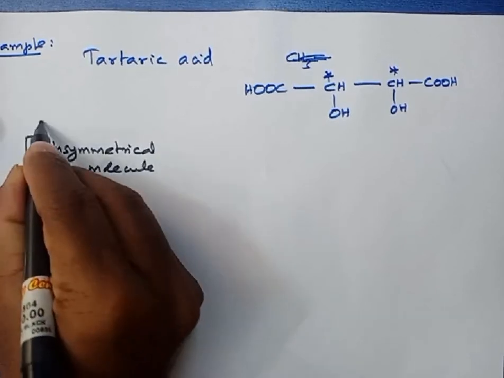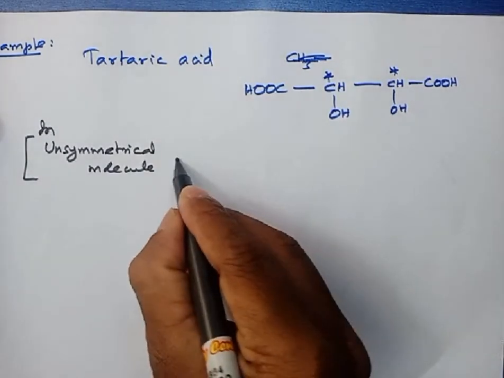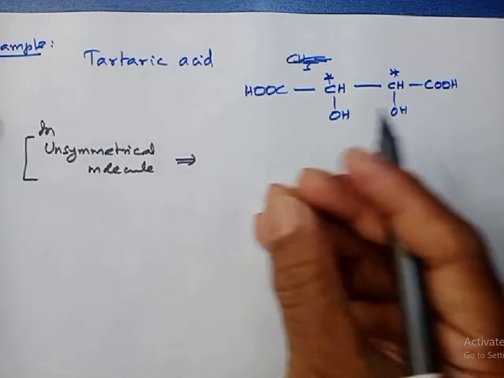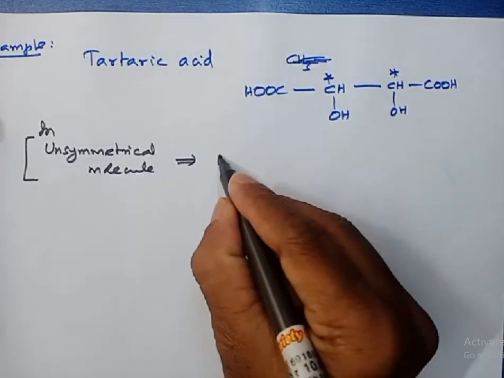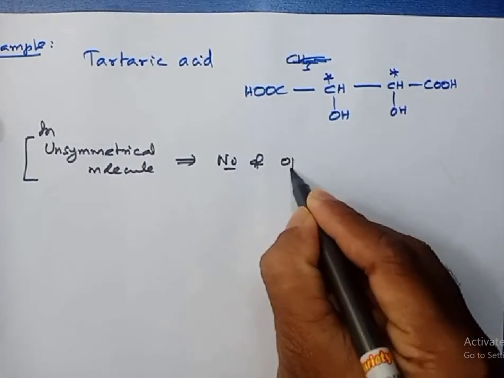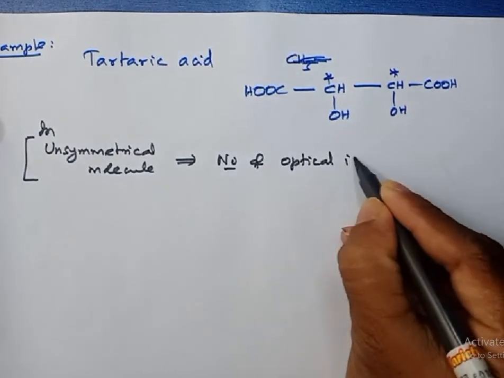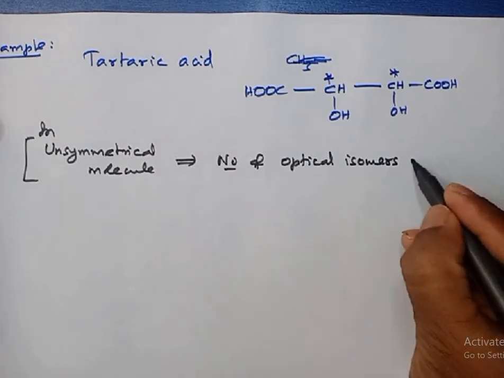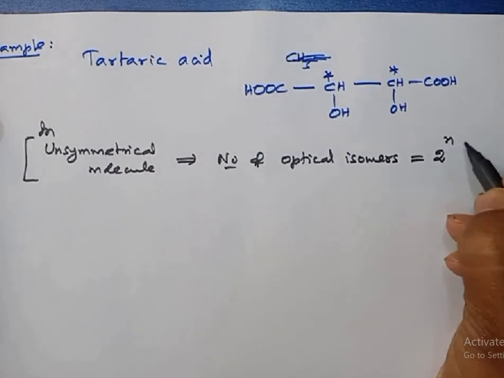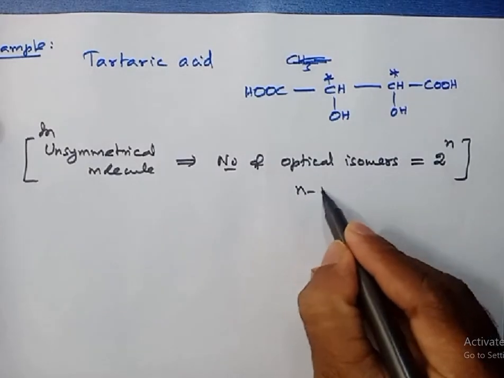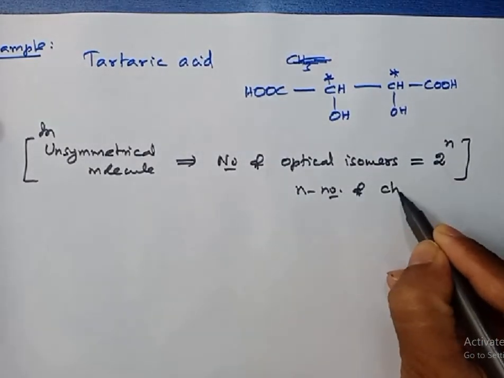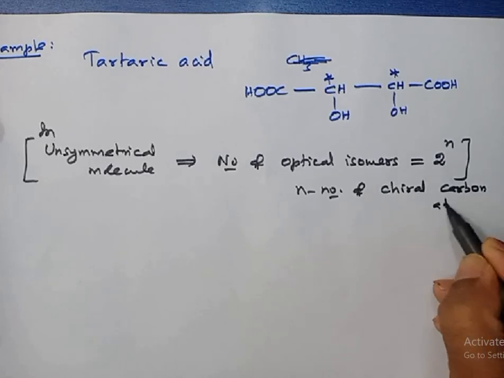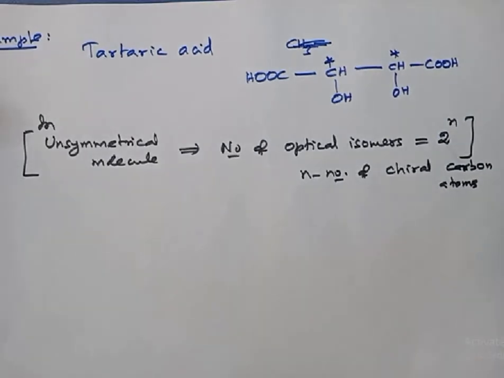If you have n chiral carbon atoms, then how many optical isomers are possible? Number of optical isomers equals 2 power n. This is the formula we use, where n is the number of chiral carbon atoms.